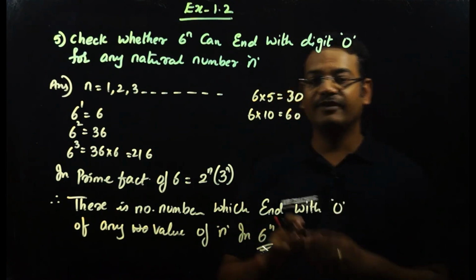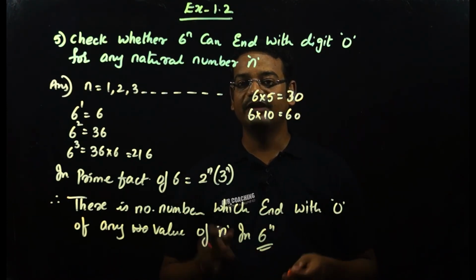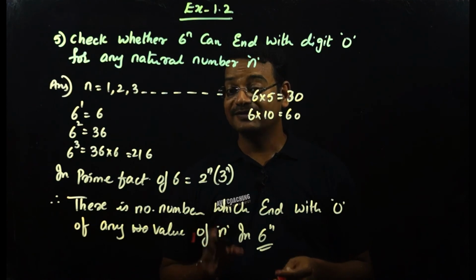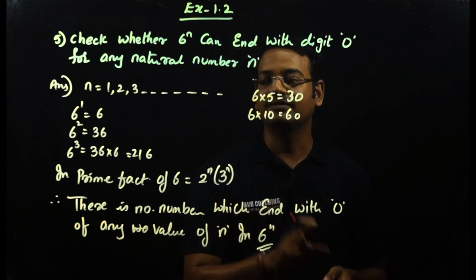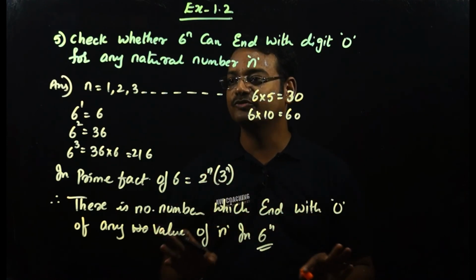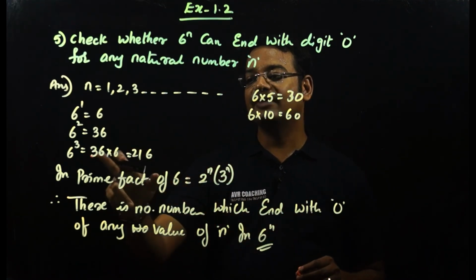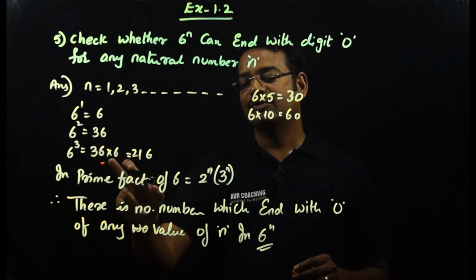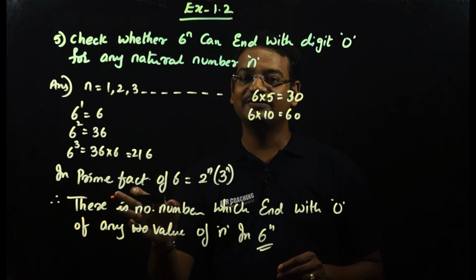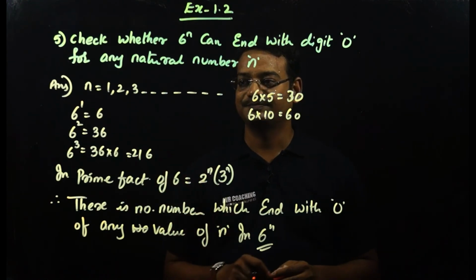We will not have any value of n for which 6 to the power of n ends with a digit 0 unless there is a 5, that is, unless 6 is multiplied by 5, which is not at all possible in 6 to the power of n, because we only multiply with 6, and when we multiply with 6 we end up with the last digit 6.